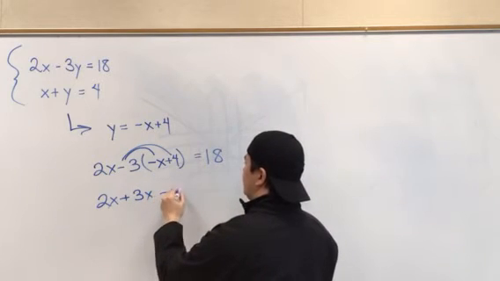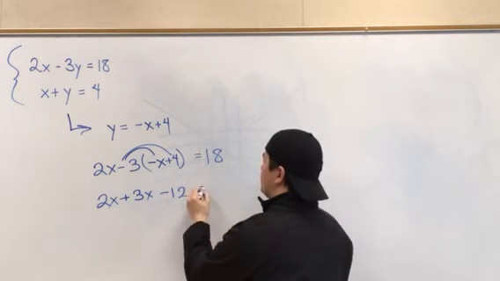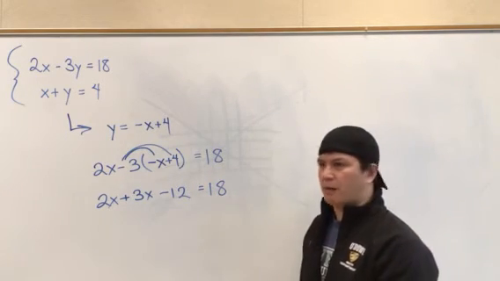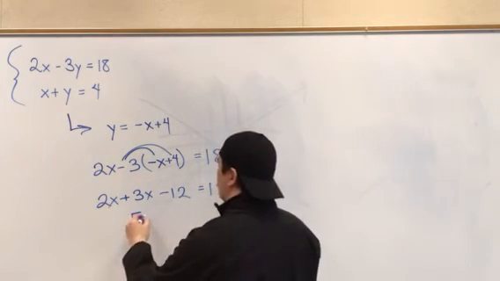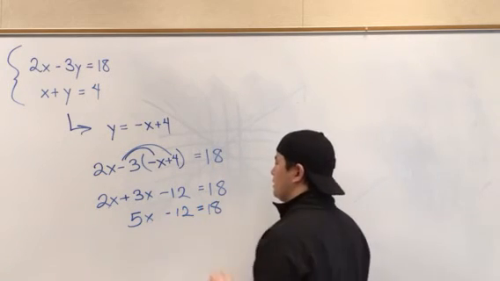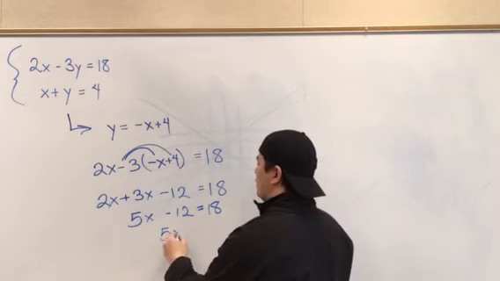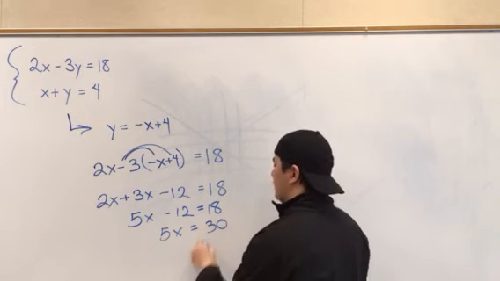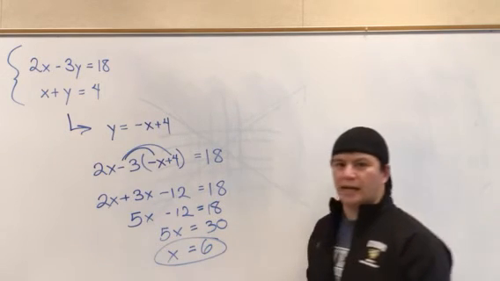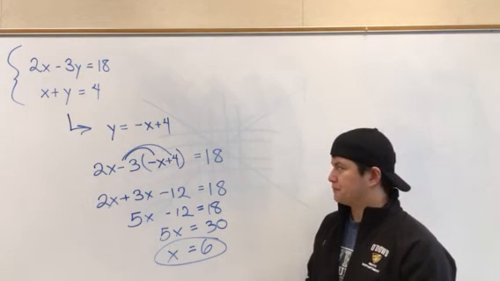That is a negative 12. And that equals 18. I can combine like terms. I'll end up with 5x minus 12 is equal to 18. If I add 12 to both sides and divide both sides by 5, I get x is equal to 6.